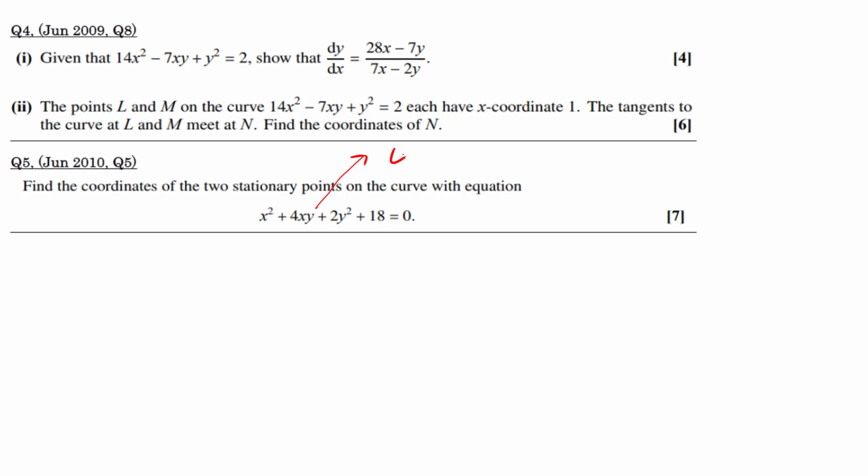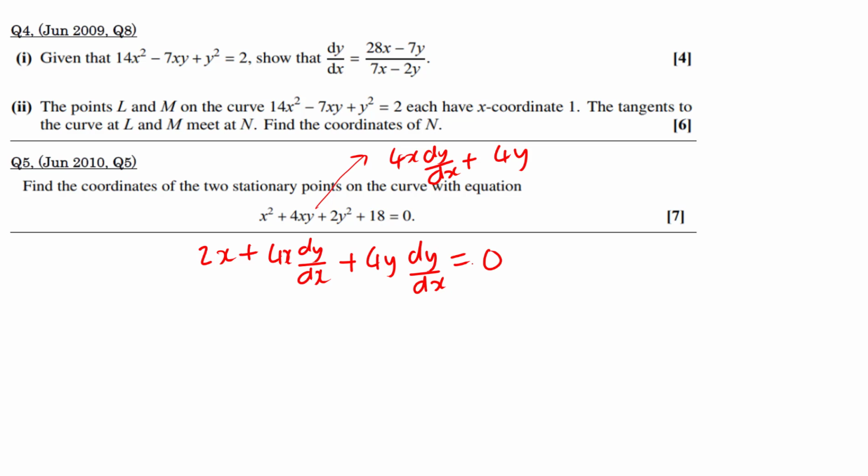That was 4x dy/dx, right? Yeah, that's what I got there. Plus 4y, yes? Okay, let's do that again because I forgot to do that. So that is 2x plus 4x dy/dx plus 4y dy/dx equals 0.